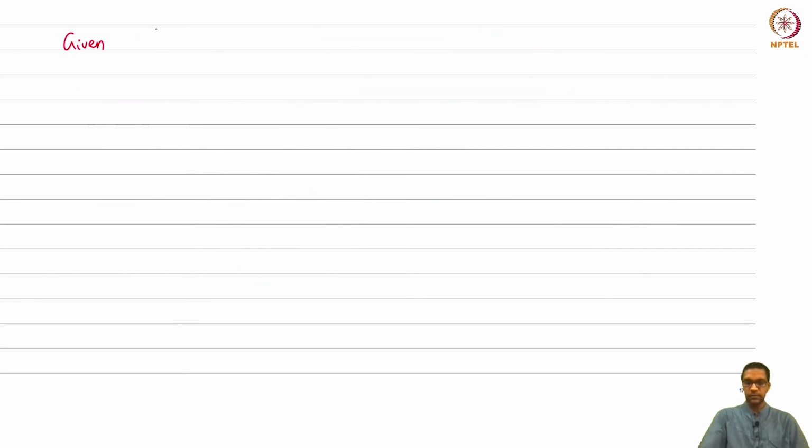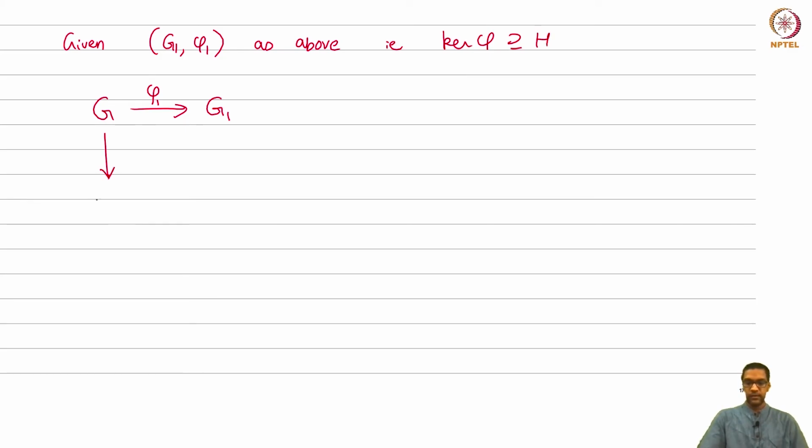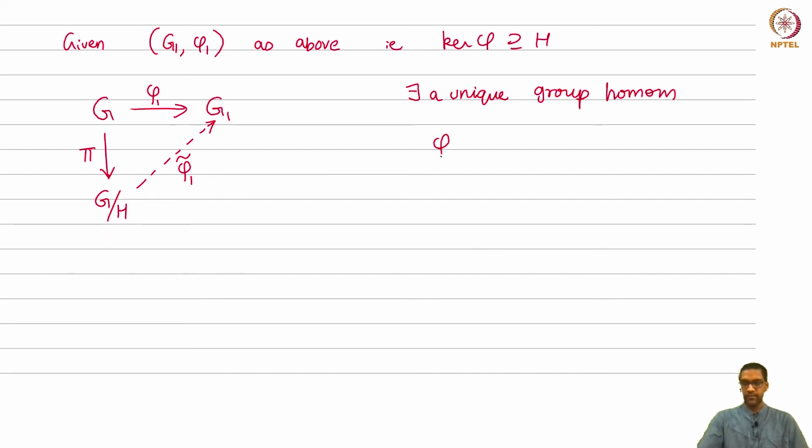Given (G1, phi 1) as above, meaning the map phi 1 from G to G1 has kernel containing H, then there exists a unique group homomorphism phi 1 tilde from G mod H to G1 such that the diagram commutes, such that phi 1 tilde composed with pi is phi 1.